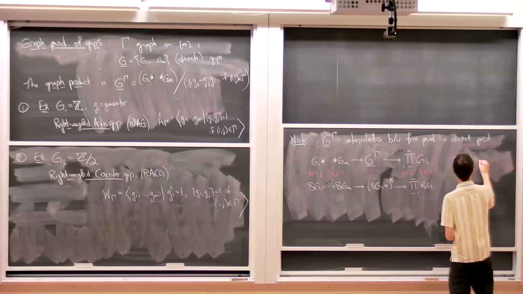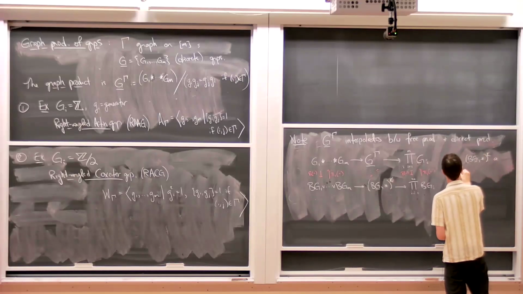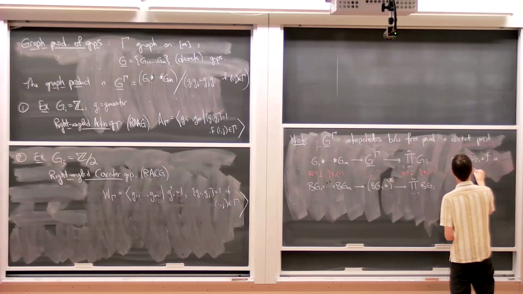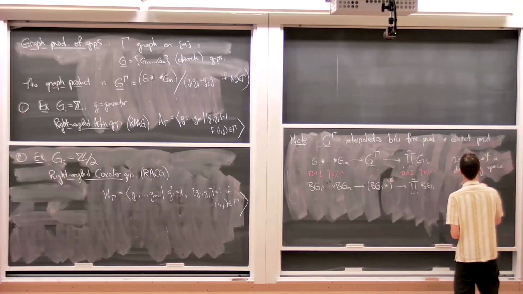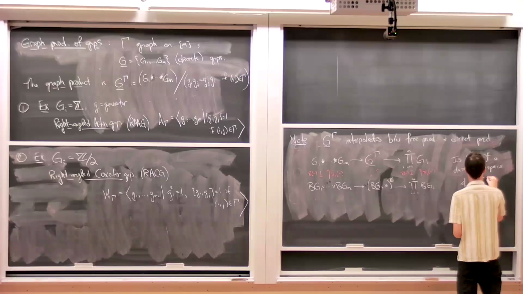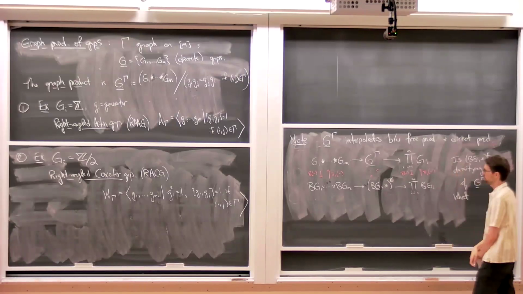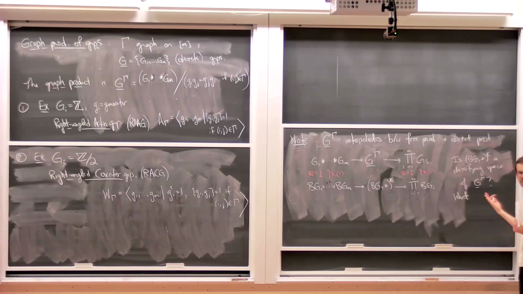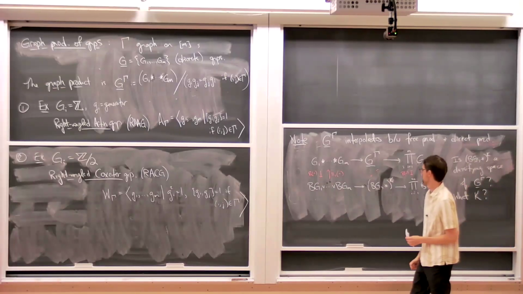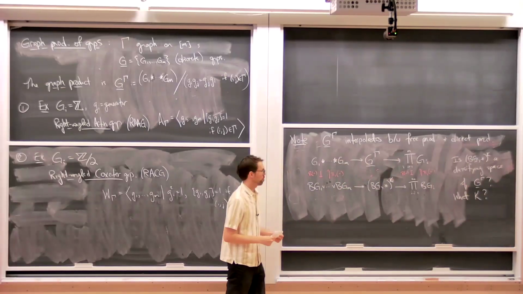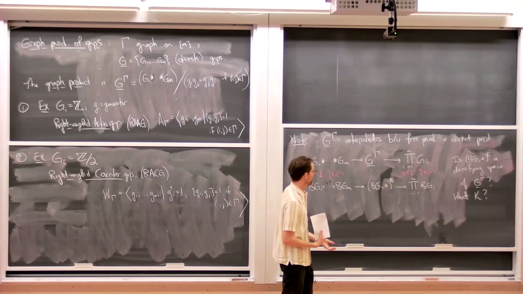So is the polyhedral product of this form, it looks like it should be, but what K do you take? That's my next question, right? If the answer to this is yes, then what K do we take?